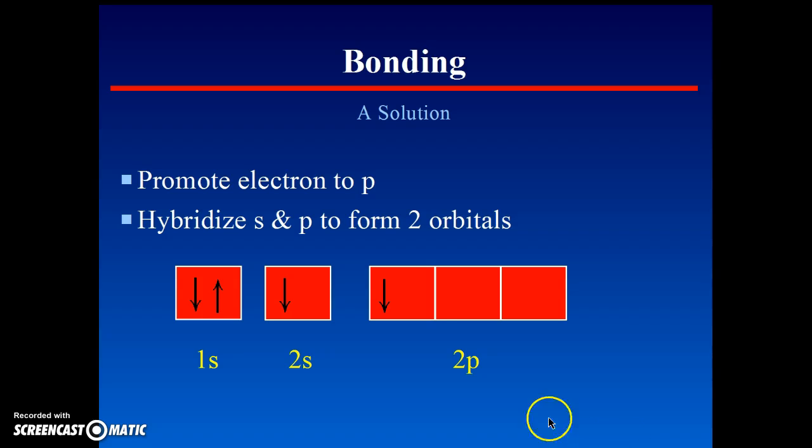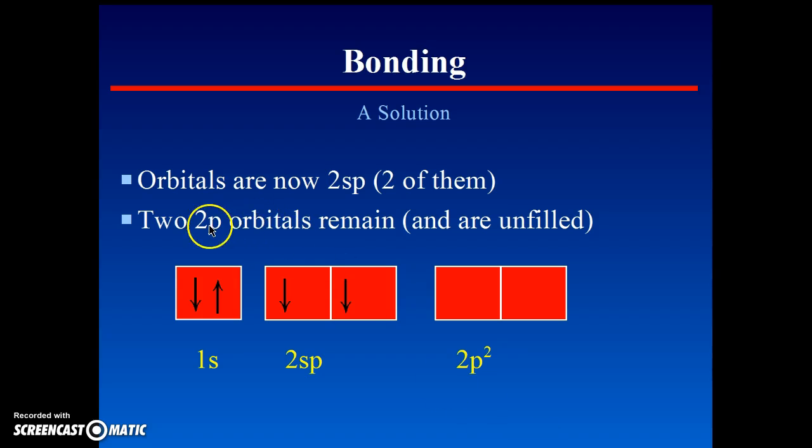So what we do is we promote one of the electrons to a p orbital, and then we hybridize the half-filled s and the half-filled p orbital to form two orbitals. They're called hybrid orbitals. So now we've got two of the 2sp hybridized orbitals, and two of the 2p orbitals remain, and they are empty.